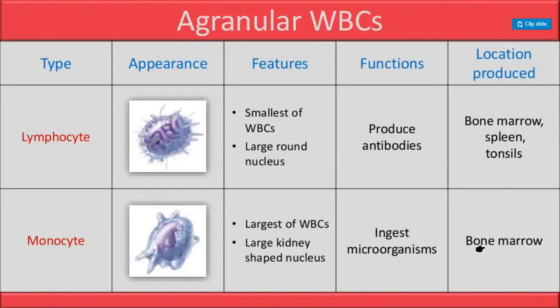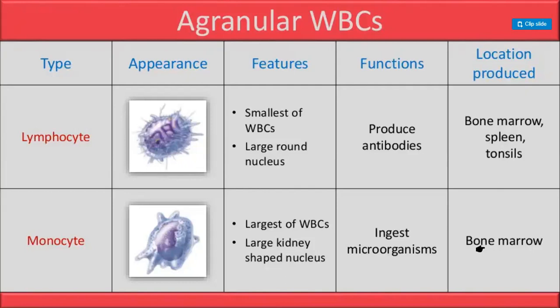And the granulocytes, we said, are three types: the neutrophils, the eosinophils, and the basophils. The neutrophils are more in number, about 60% of them. And then we have the eosinophils, about 2.3%. And the basophils are about 0.4%.